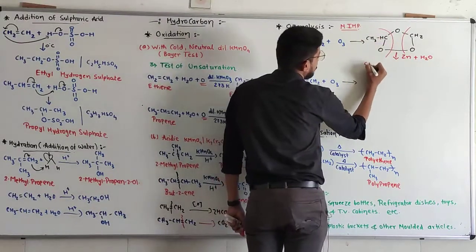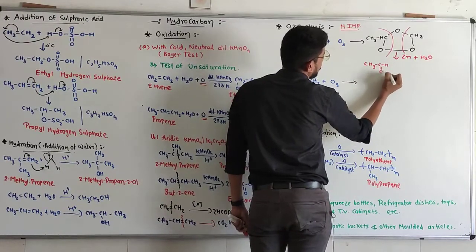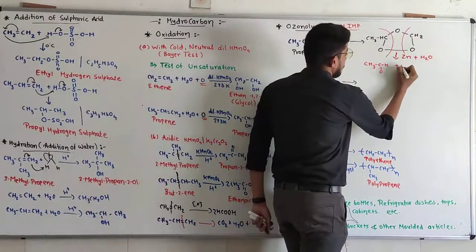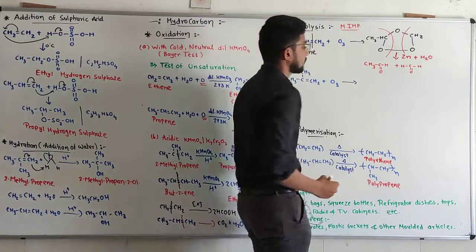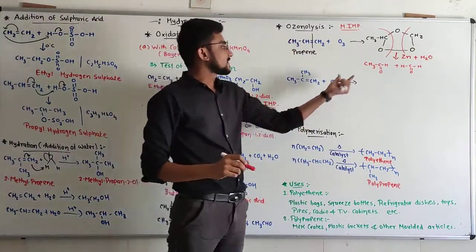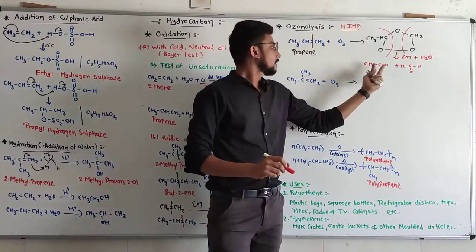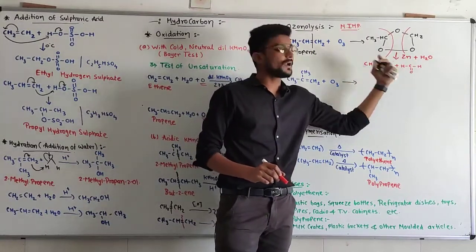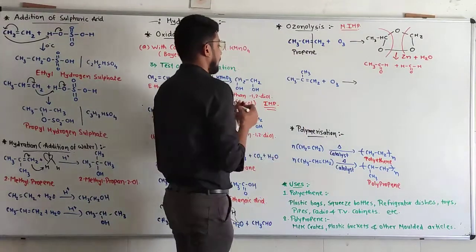That's why it will give me CH3 CH double bond O. And here, HC double bond OH. These are acetaldehyde and formaldehyde.